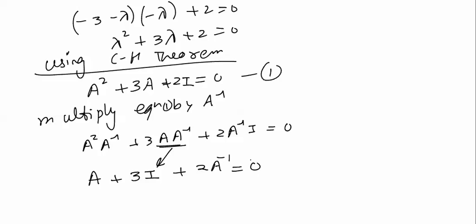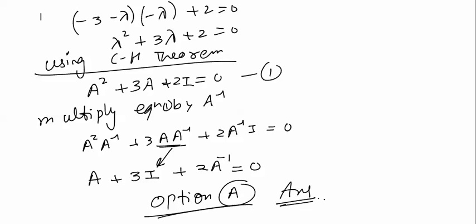Can you see this in the options? Yes, it is option A. So your answer is option A. Clear? This is how you can use the Cayley-Hamilton theorem and get your answers in very little time. You can find numerous types of questions based on this and get the answers.